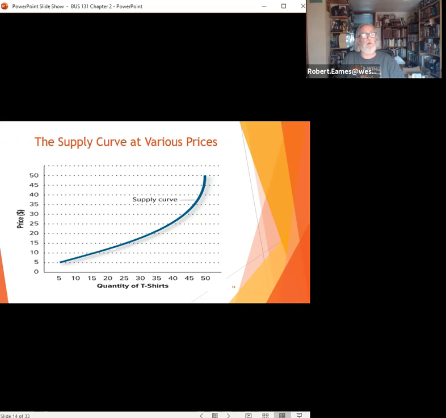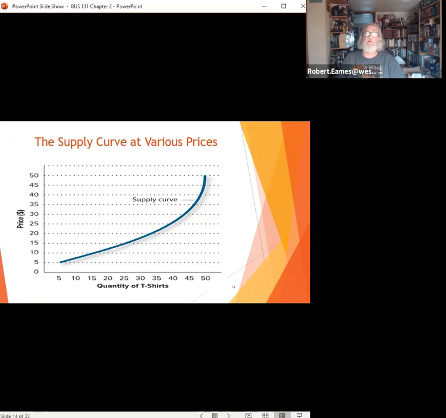So let's just interpret what we're looking at here. If you look at the price of $5 on the left, and we see where the curve begins, well, it says there that at $5, we make 5 available. Let's take a look up at the top, at the other end of that curve. At $50 per t-shirt, we make 50 available.